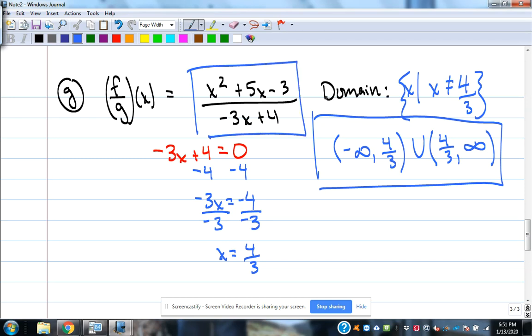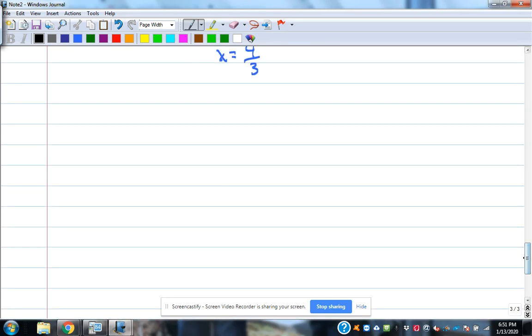Anytime you do division of functions, your domain's going to have some restrictions on it. Let's get a couple of different functions and do the domain for those, just to show that it could cause some issues there.